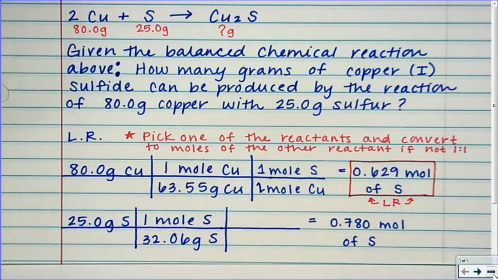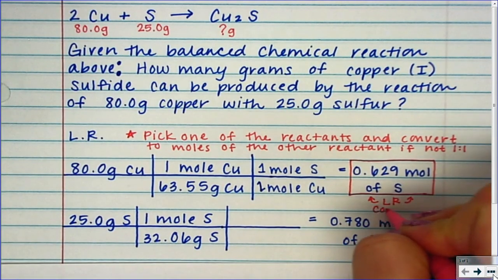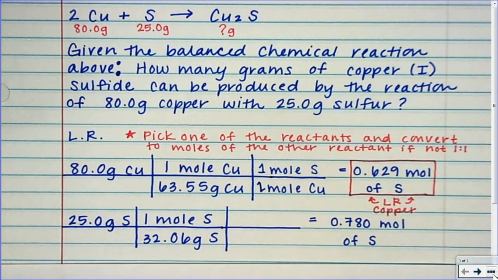So copper is our limiting reagent. So I'm going to write a little note under LR that copper is really the one that's limiting this reaction. And so here you go. Limiting reagent is copper.